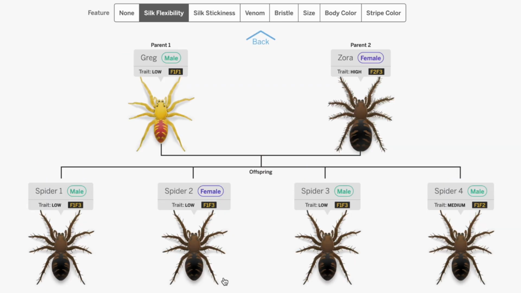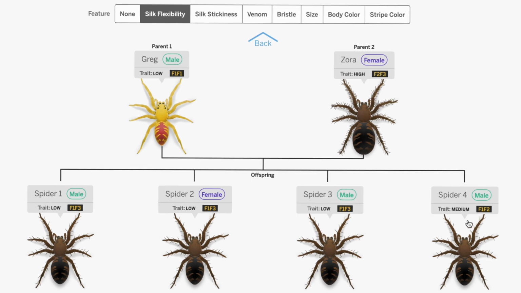Okay, so we got 4 offspring, and what have we noticed? 3 out of the 4 offspring have F1, F3, where the F1 gene is dominant in all of them, except for Spider 4, which got its mother's gene of F2 and its father's gene of F1.